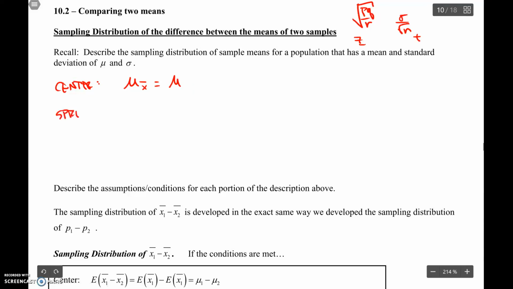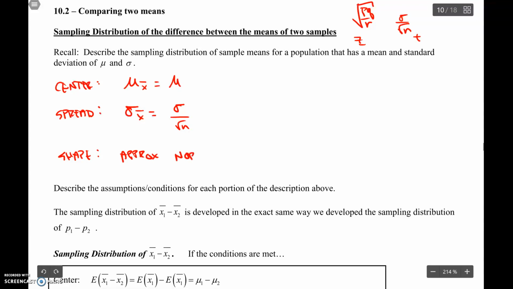Spread. The standard deviation of my sample means is going to be the population standard deviation of my variable, divided by the square root of my sample size. Shape. We hope it's going to be approximately normal.